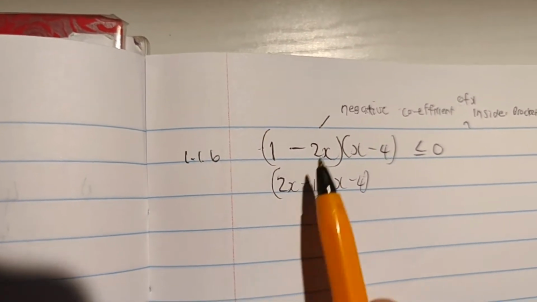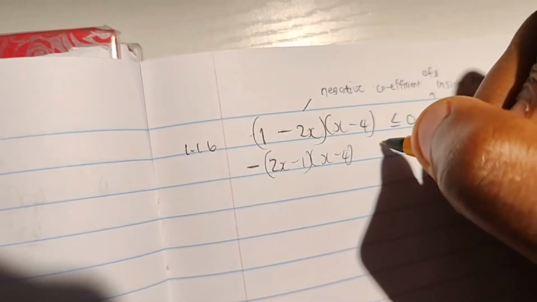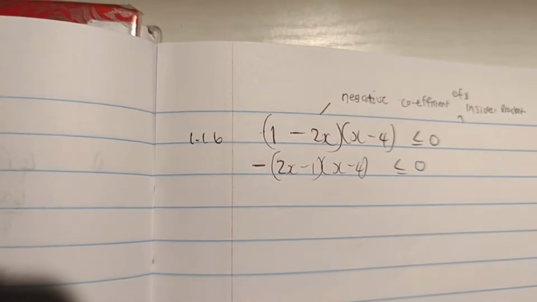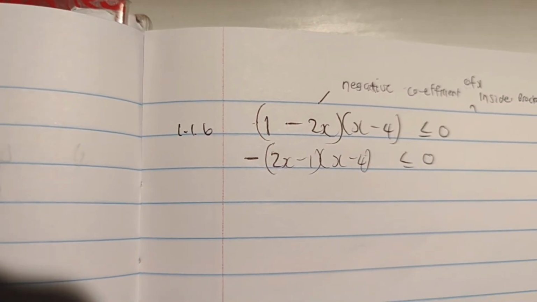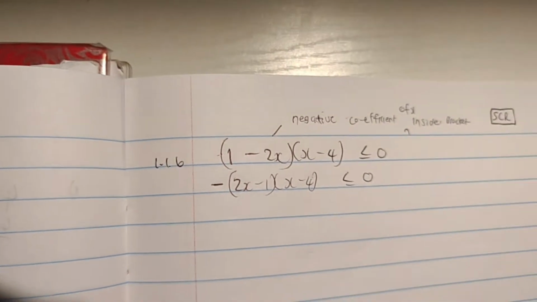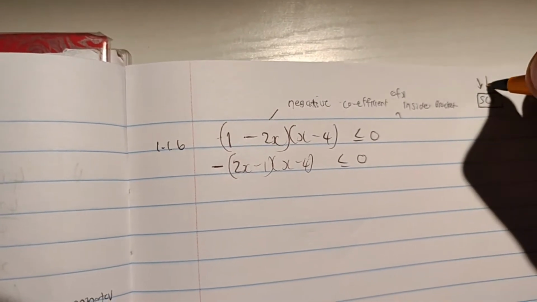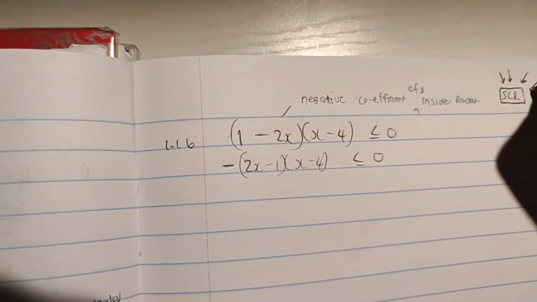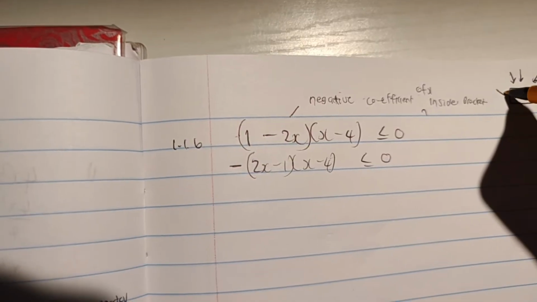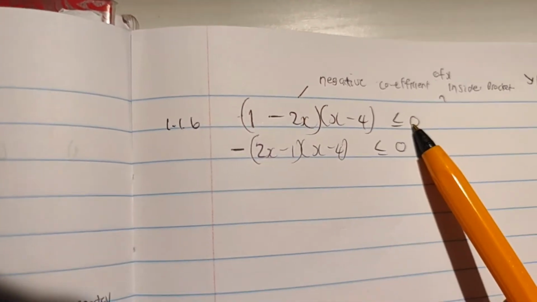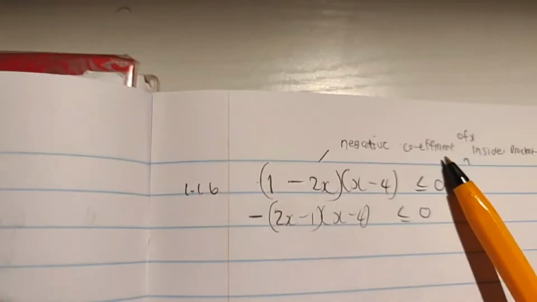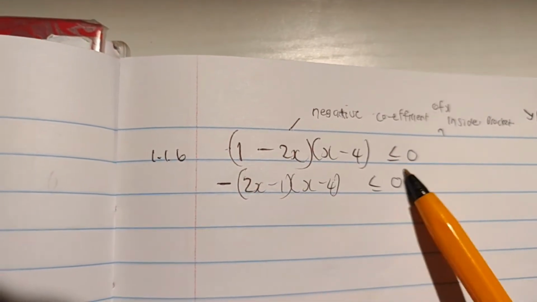But because we fixed the order, we take out a negative sign. Are you with me, guys? Sign change rule. I think this is, for me, the shortest cut because already there's a 0 on the other side. So we just simply apply the sign change rule.